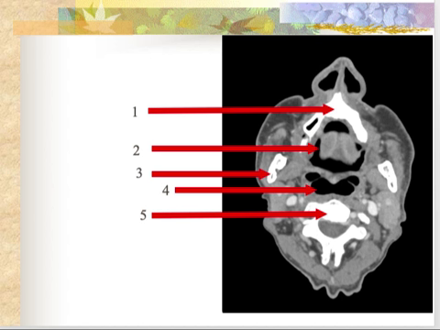Number 4 is sort of the border between the oral part of the pharynx and the nasal part of the pharynx, and that pale line just in front of the arrow tip of 4, that's actually the soft palate hanging down like a curtain, and therefore it's being picked up in this slice. Clearly it can move, so this is seen here, but often it wouldn't be seen like this as well.